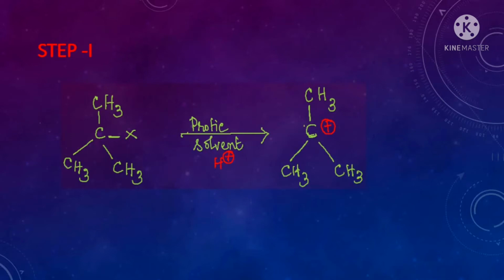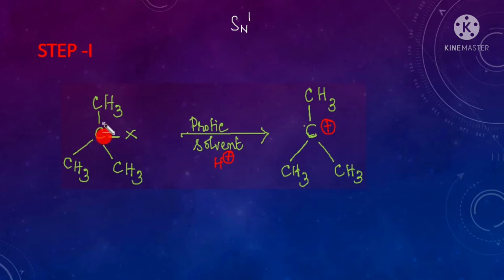Well, we shall see the mechanism of SN1 type, students. As I told you earlier, this SN1 mechanism is a two-step process. We shall see the first step. I am taking a tertiary alkyl halide. X represents the halogen, and C is the tertiary carbon atom.